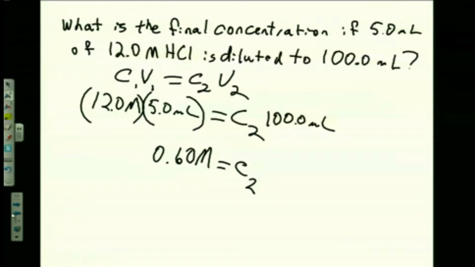So the 0.60 molar is my final concentration. If I took 5 milliliters of 12 molar hydrochloric acid and diluted it to 100 milliliters, the concentration in the final solution would be 0.60 molar. That's what it's asking. Okay?